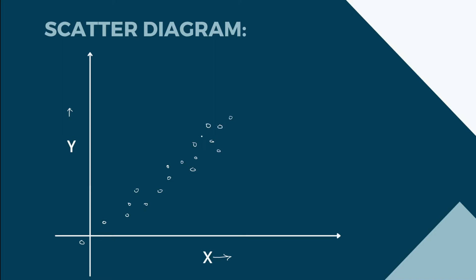Suppose we obtained a spreadness of the points like this. Then we observe that the points are closer to each other and they show a tendency of increasing, meaning as one variable increases, the other also increases. Then we conclude that this is a high degree of positive correlation.